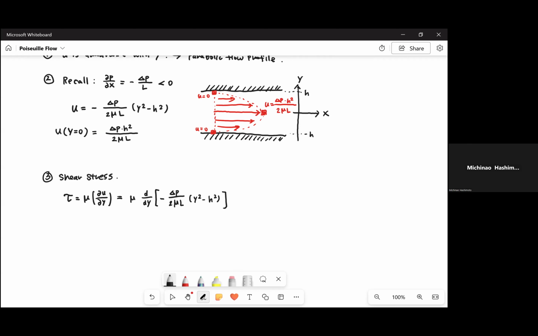Just doing the calculation, mu is canceled out, the 2 is canceled, and what we have left is minus delta P over L times y.